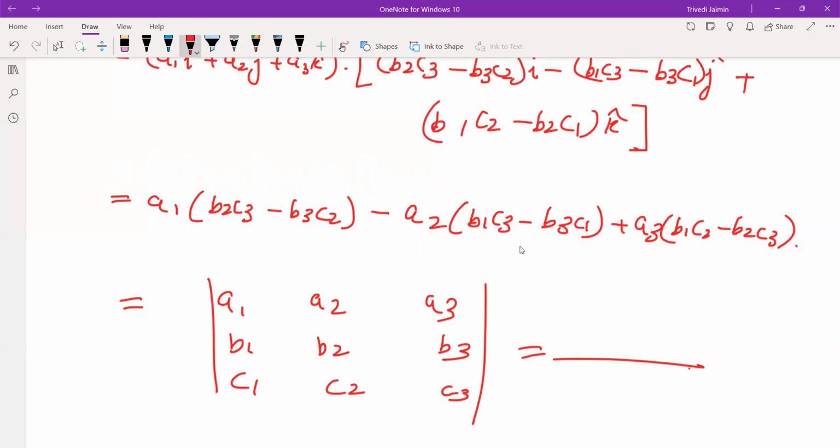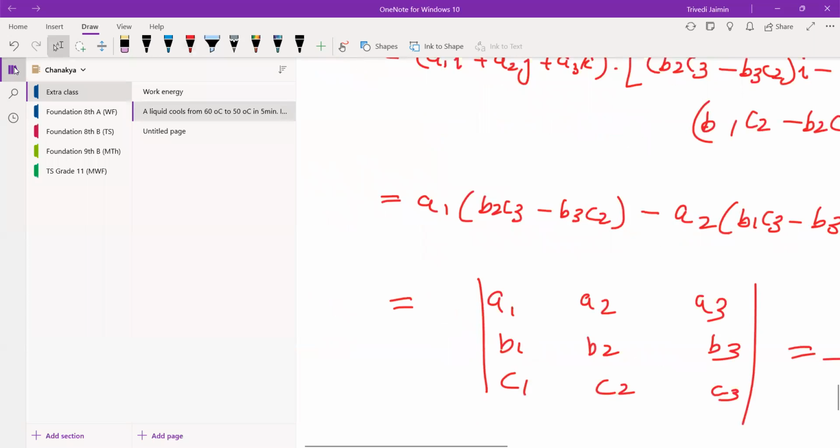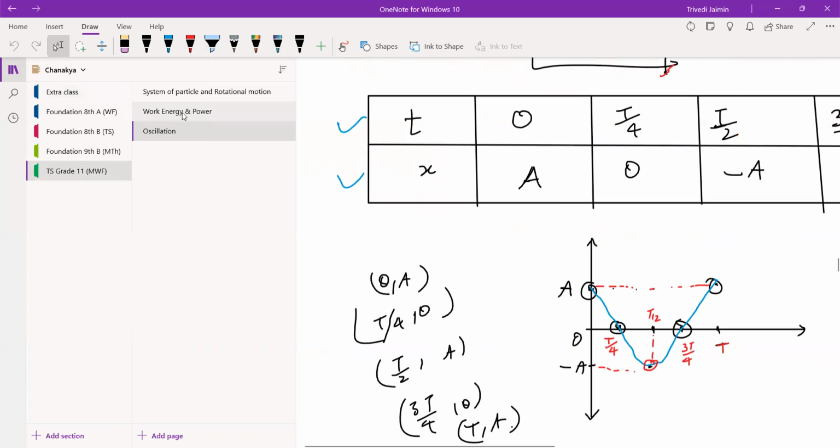And the properties are similar to those of scalar products. Yes, sir. You know the properties of scalar products? Yes. Shall I show you?